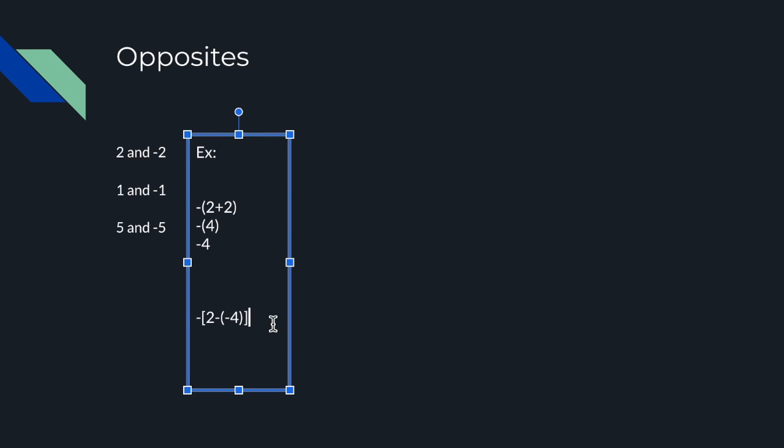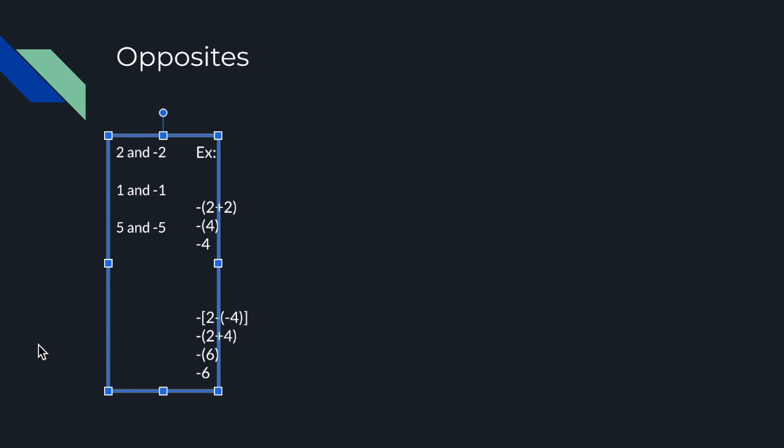So when this happens, now suddenly you have a negative. Now we can change this to parentheses again. 2 plus 4, and then we have negative, and then we have 6, and suddenly we have negative 6. So that's why opposites are very important.